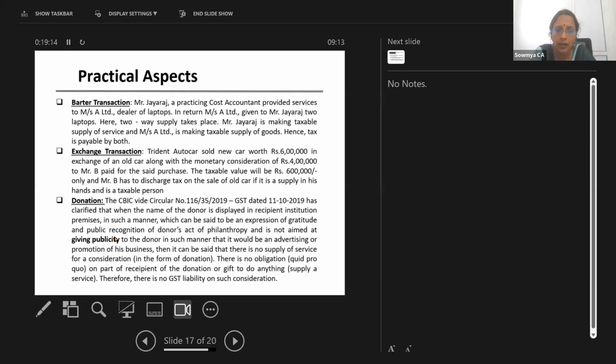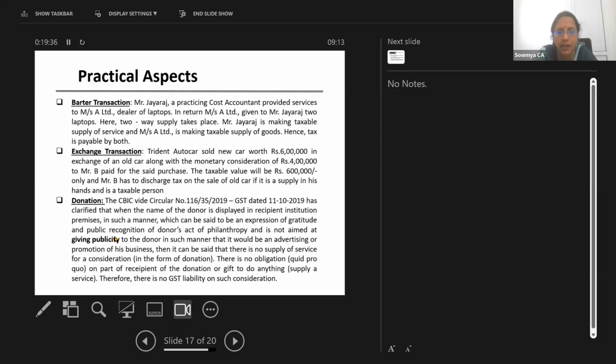And exchange, on the other hand, we have seen a number of examples, wherein I have taken this example of a car exchange. You will see in mobiles also, where you give your old phone and you pay some extra consideration and you get a new phone.